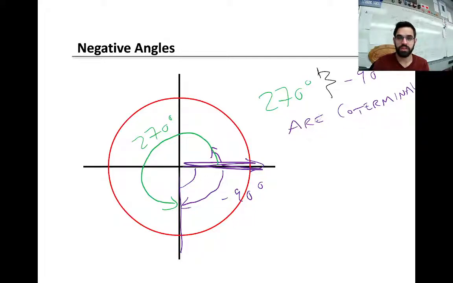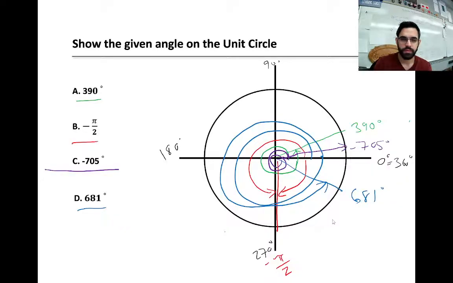So we can also say that 270 and negative 90 are coterminal angles. And we could pick any angle here. Negative 360 degrees would be coterminal to 360 degrees because they both end in the same spot. Negative 270 would be coterminal to positive 90. So that's negative angles.